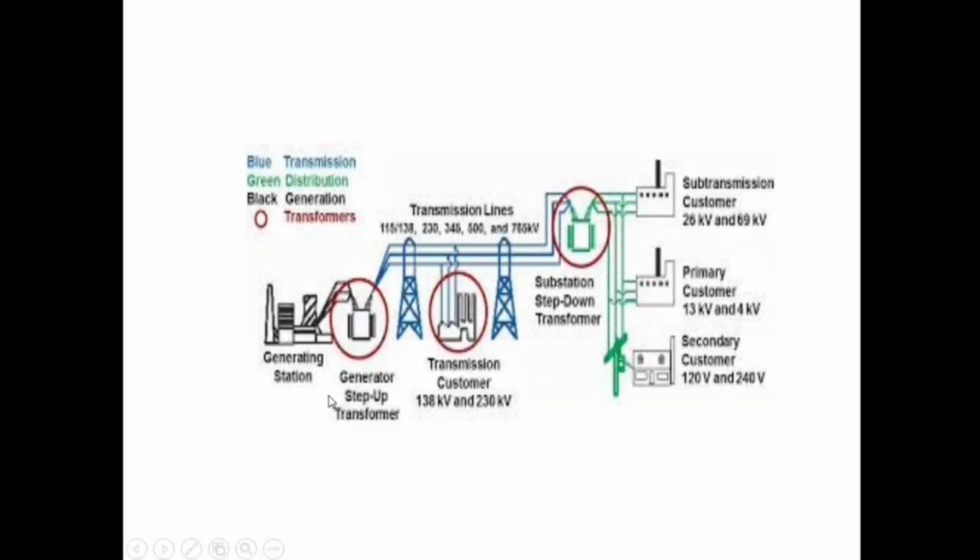Here the generating station and step-up transformer, transmission line, substation, sub-transmission customer, primary customer, secondary customer.